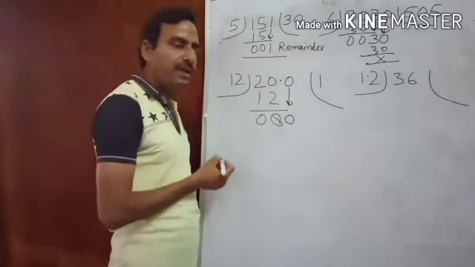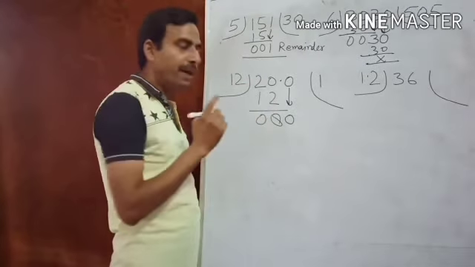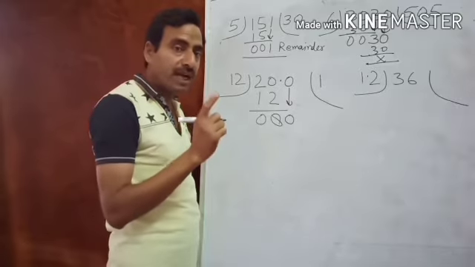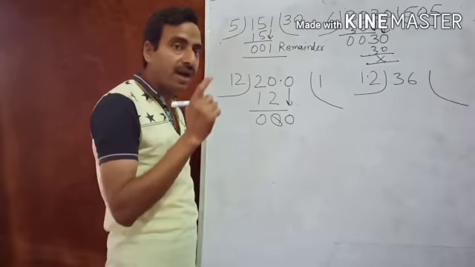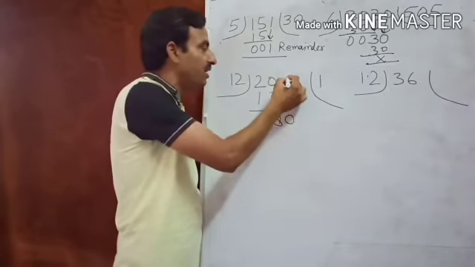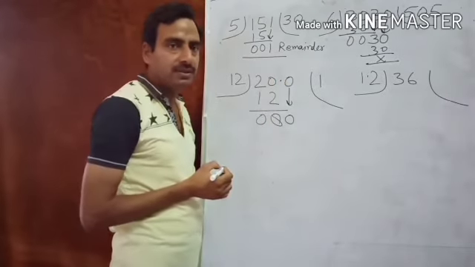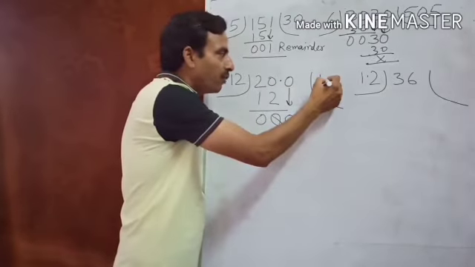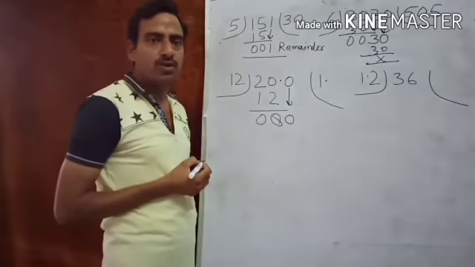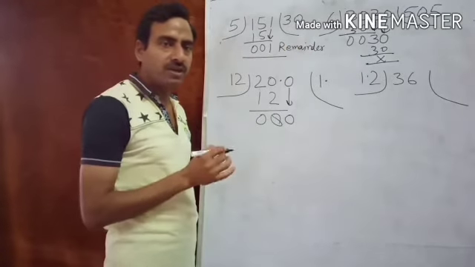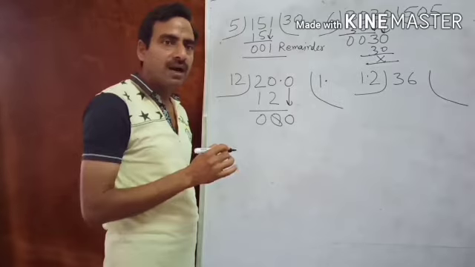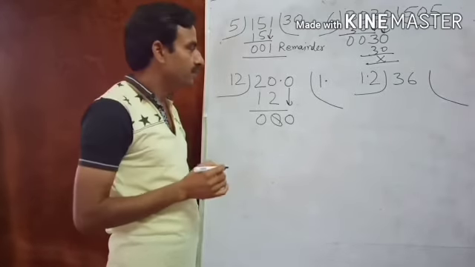Now the number is 80 to divide. Read the table of 12. But keep in mind one thing: whenever you add a decimal digit to divide, first of all put the decimal in the quotient, 100%, otherwise you will miss it and commit a mistake.